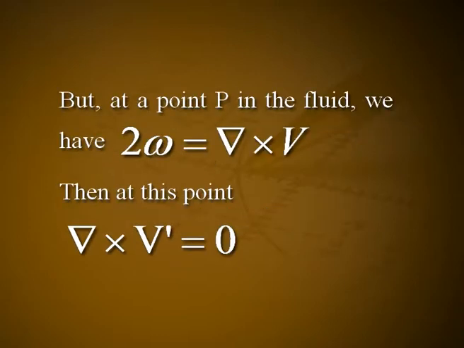But at a point P in the fluid, we have 2ω is equal to del cross v. Then at this point, del cross v' is equal to 0.